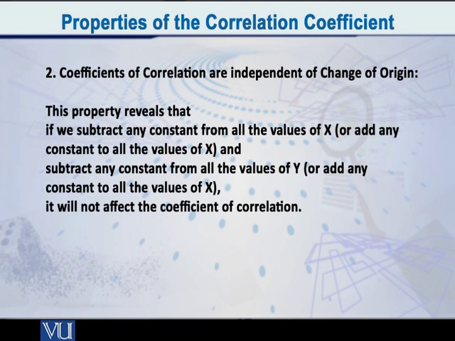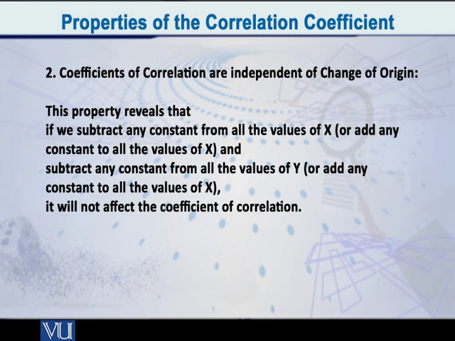Well, students, if we subtract any constant from all the values of x, or if we add any constant to all the values of x, we do this to the random variable x, and we do something similar to the random variable y also, that we are either subtracting a constant from all values of y or adding a constant to all values of y. जब हम इस तरह का प्रोसेस करते हैं, this is called change of origin. और जो प्रॉपर्टी है वो मैं दोबारा कहती हूँ कि कोएफिशिएंट ऑफ कोरिलेशन जो है that is independent of change of origin.